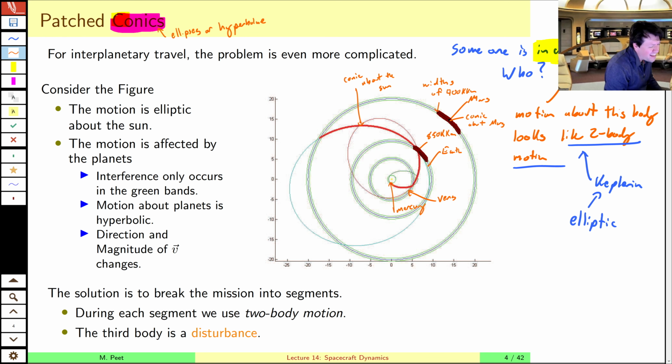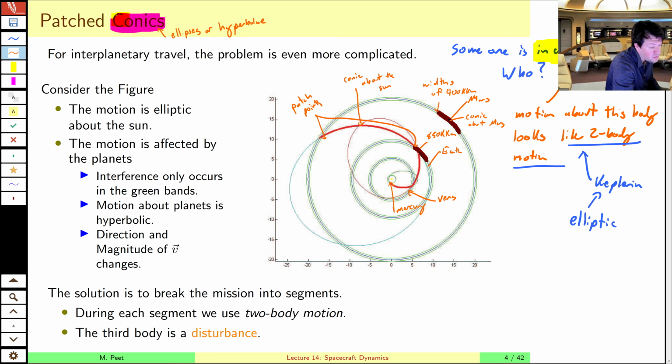And yes, there is a transition period, where the elliptic motion about one of those two bodies doesn't look very elliptic. Patch points, we call them. There's a patch point. There's a patch point.